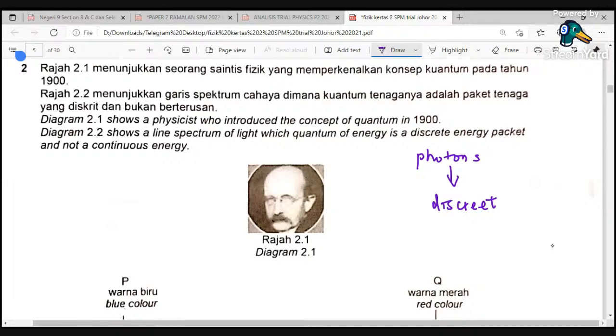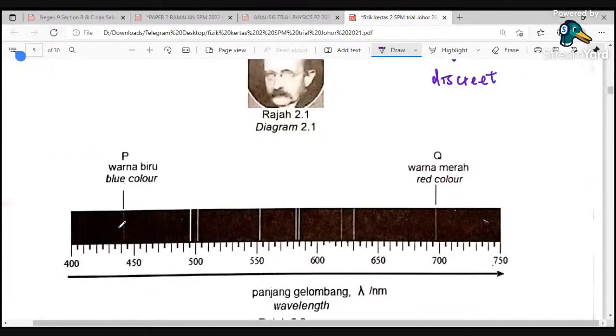For example, there are 50 photons emitted, there are 100 photons emitted. That is discrete. You can see this is a line spectrum, which shows the properties of the photon's energy, discrete, not continuous. Each has its own unique value of wavelength and frequency.